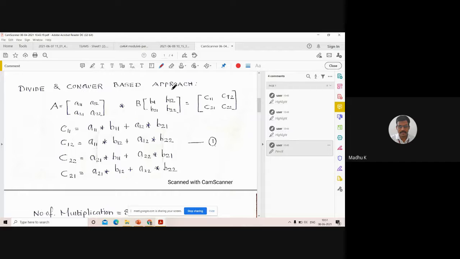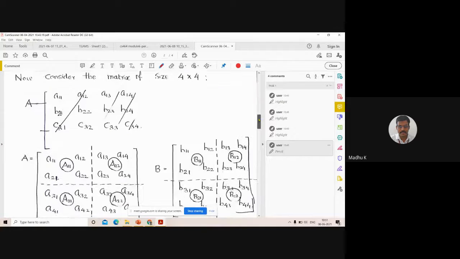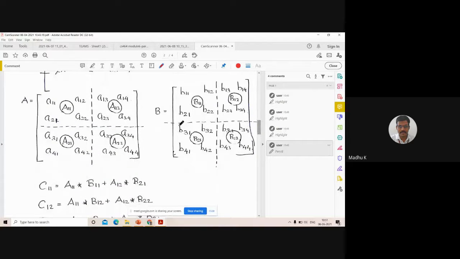I will tell the approach at first. It's a very simple approach. Suppose this is a 4 by 4 matrix. I will divide this into four 2 by 2 matrices.